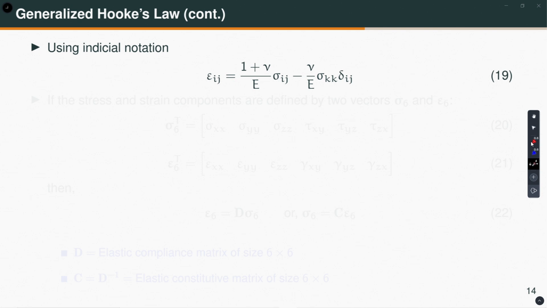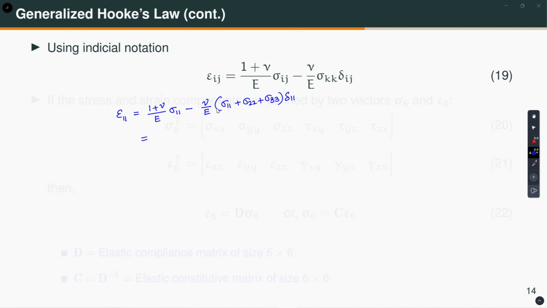Now, how do I get the equations that you have seen before? Let us see, if I want to write epsilon 1, it is 1 plus nu by E sigma 1 minus nu by E. Now, sigma kk is a repeated index, so I will have to sum over it: sigma 1 plus sigma 2 plus sigma 3, and this is delta 1 1. So, what do I get?